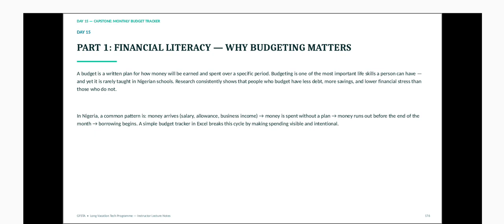Having a budget or a budget tracker is being financially literate. And what's a budget? It's a written plan for how money will be earned and spent over a specific period of time. Even a country as a whole, Nigeria now, this is the month of August, and I know in the ministries, departments and agencies, work is going on on how to plan the 2027 budget, and that's how it should be for individuals as well.